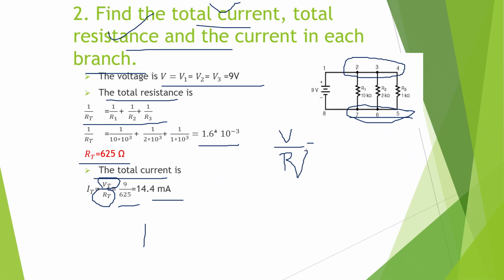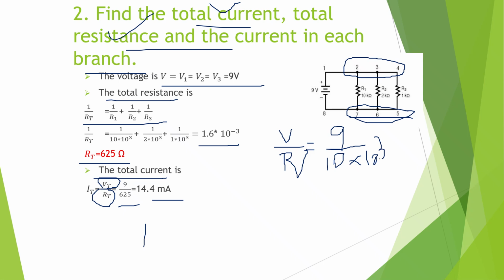The voltages are the same, so it is 9. What is my first resistor? It is 10 kilo ohm. So I1 is equal to 9 by 10 kilo ohms. Similarly, we can calculate for I2 and I3.